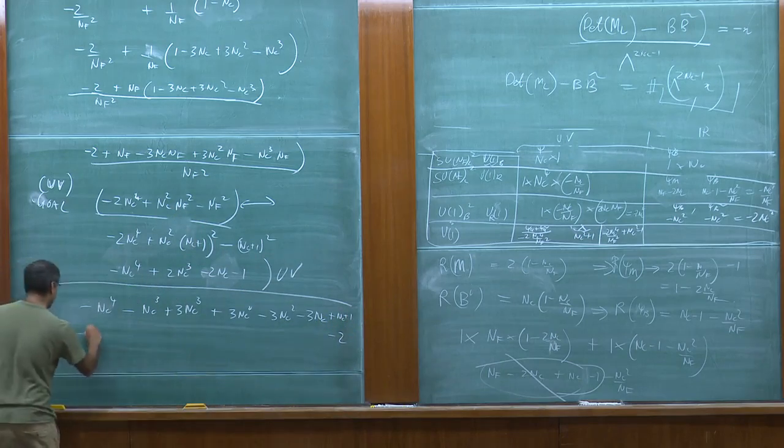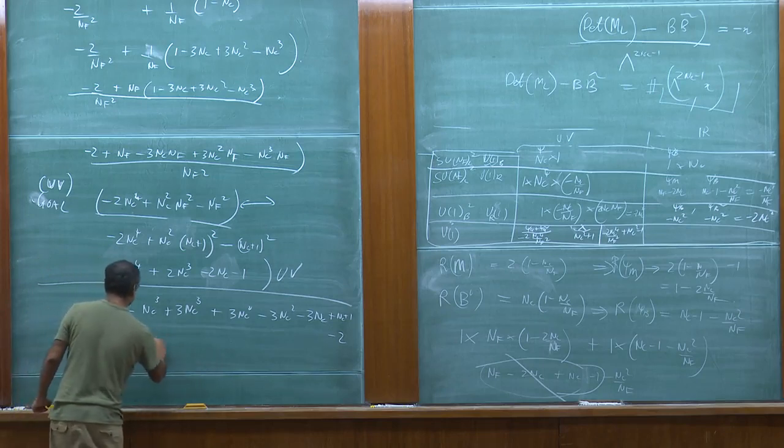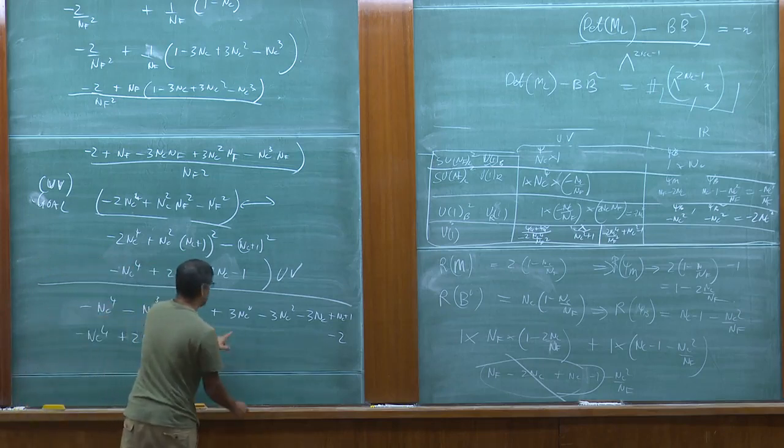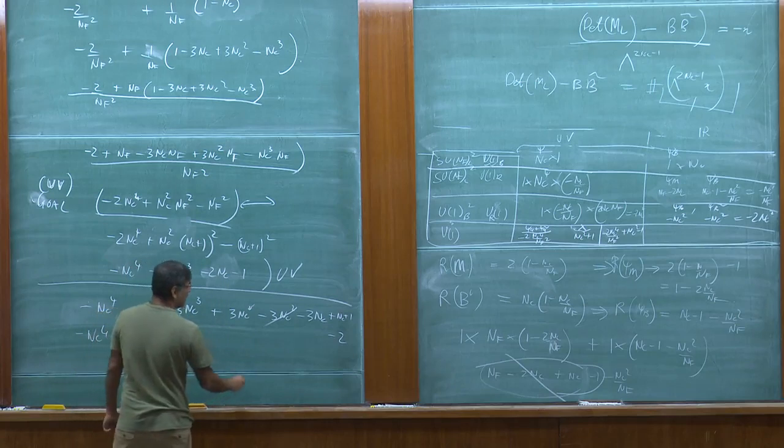Okay, so it's minus NC to the 4 plus 2 NC cube, this, minus 3 NC, minus 2 NC minus 1.